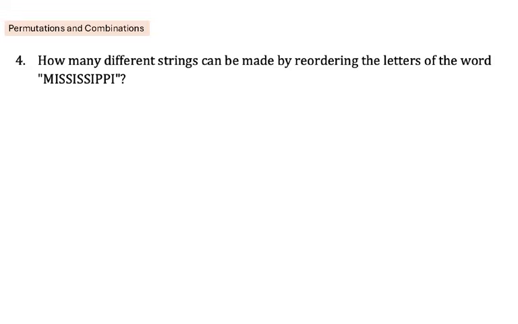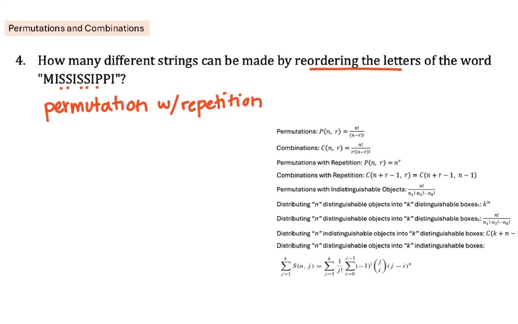Okay, here's another question, a spelling question. And anytime it's reordering letters, you always know it's going to be a permutation because order does matter when you're reordering the letters. But in this case, we have some repetition, lots of repetition, in fact. So it's a permutation with repetition. But it's not just your basic permutation with repetition. It's a permutation with what we call indistinguishable objects, meaning if we switched the S's, it still would look like the same word.